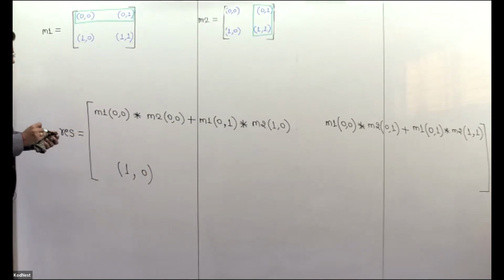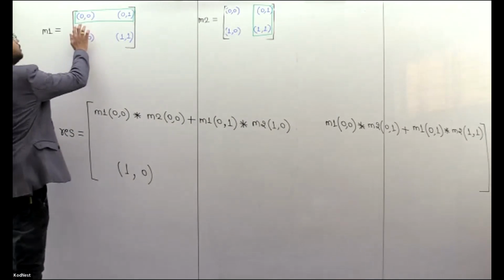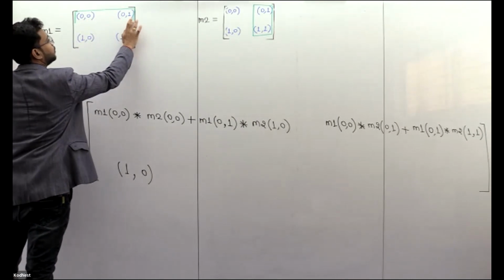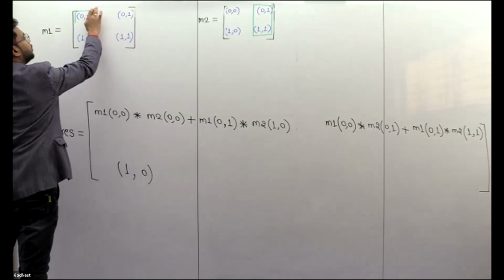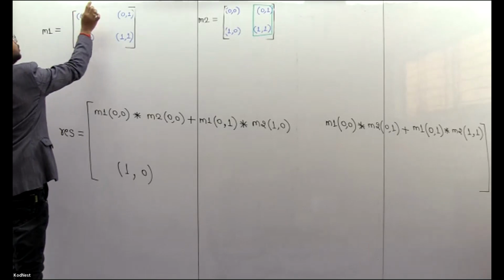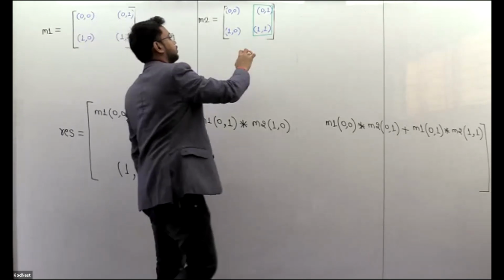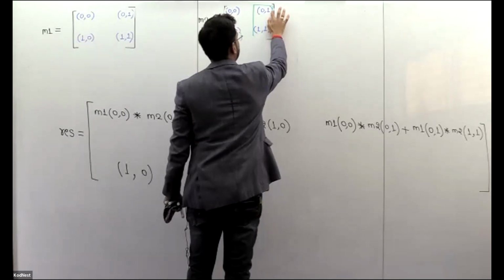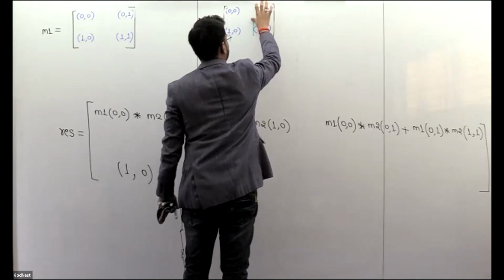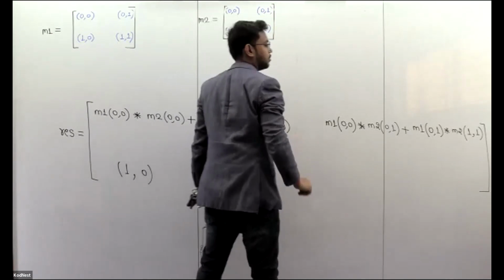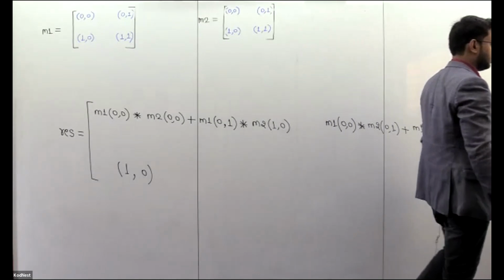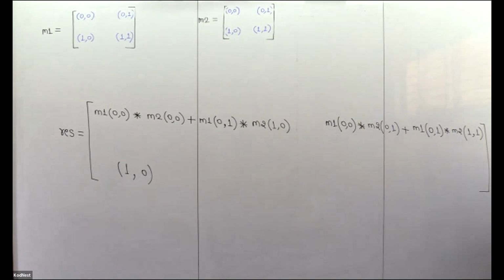What will be the formula here? Very fast. Tell me this. For 1, 0, what will be the formula?